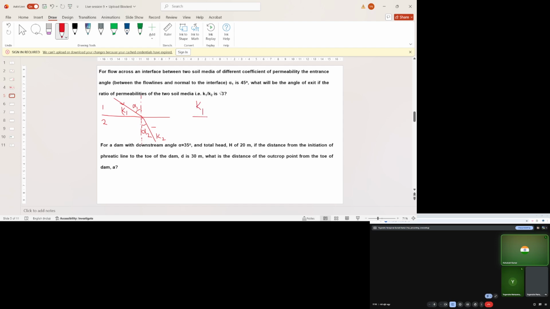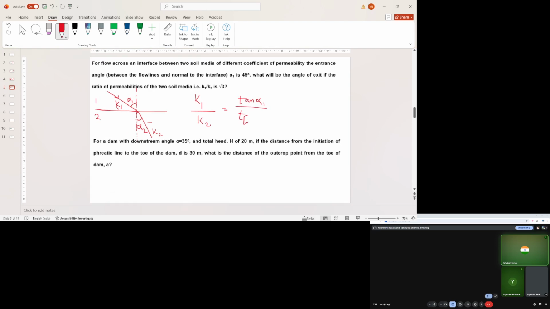K1 by K2 is equal to tan alpha 1 by tan alpha 2.